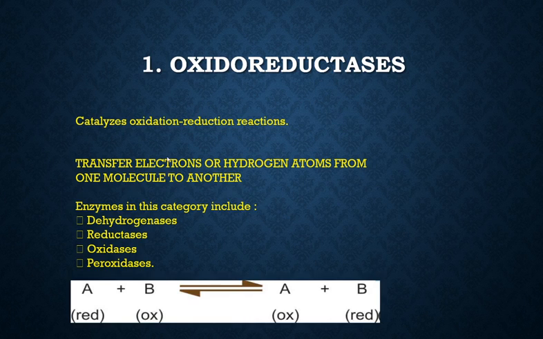So that's why it catalyzes the oxidation-reduction reaction. What are the examples? Examples are dehydrogenase, NADH, NADP, reductase, oxidases, and peroxidases. These are the examples for oxidoreductase. Okay, move to the next.